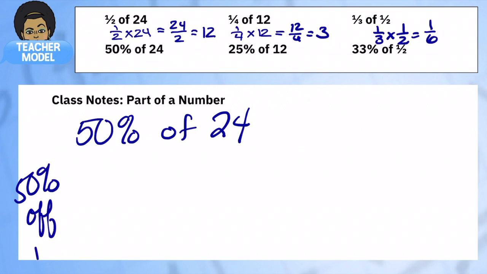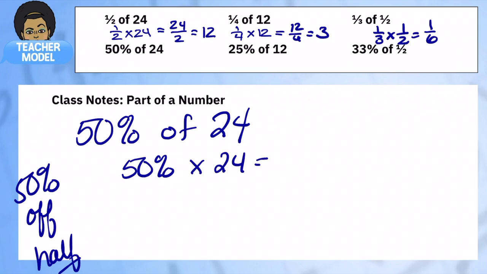You would know that that's the same thing as half. So what could you do to make this into a problem? Well, for one thing, I don't know how to multiply with 50. I know it's going to be 12. But if I try multiplying 50 and 24, I'm going to get a much bigger number.